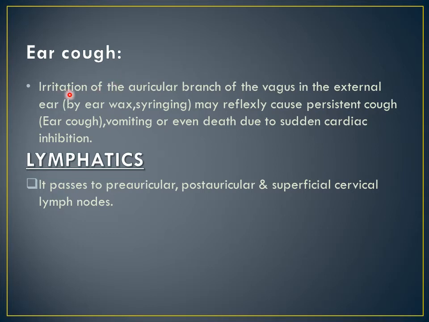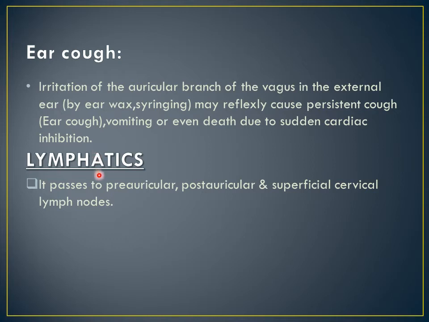So if irritation of the auricular branch of the vagus nerve occurs in the external auditory meatus by earwax or syringing, it may reflexly cause persistent cough or ear cough and vomiting, which may even lead to death due to sudden cardiac inhibition.